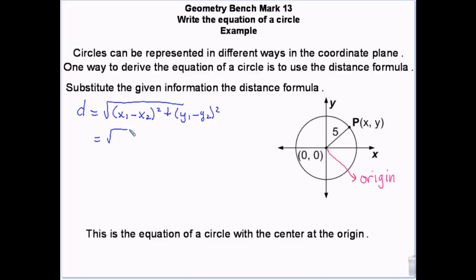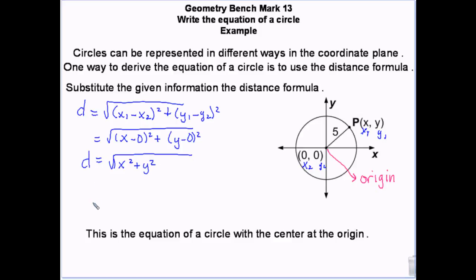If I plug in, I'm going to say this is x1, y1, and this is x2, y2. So I'll have the square root of x minus 0 squared plus y minus 0 squared, and that gives me x squared plus y squared.